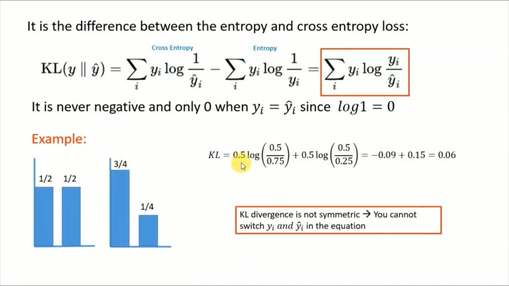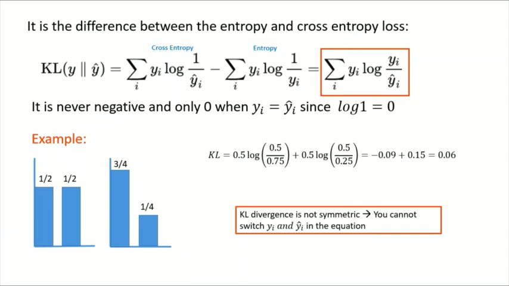So you have 0.5 times log of 0.5 over 0.75. Then we do it for the second probability: 0.5 times log of 0.5 divided by 0.25. If you add these up, you'll get 0.06. That means the KL divergence gives a value of 0.06, so these two distributions are somewhat similar to each other.